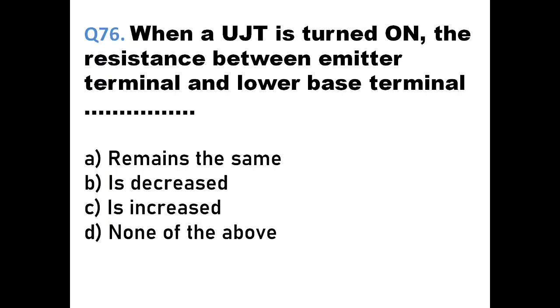If current is flowing, according to Ohm's law the resistance has to decrease. So when UJT is turned on, the resistance between the emitter terminal and the lower base terminal has to decrease because current starts flowing. So the answer will be B, decreased.